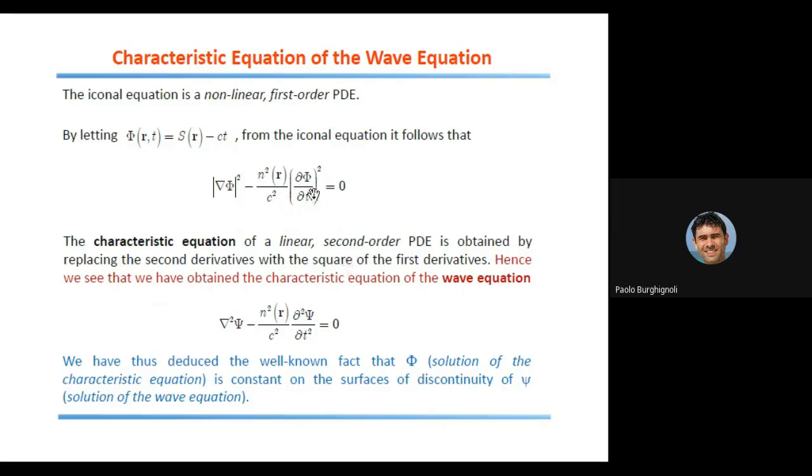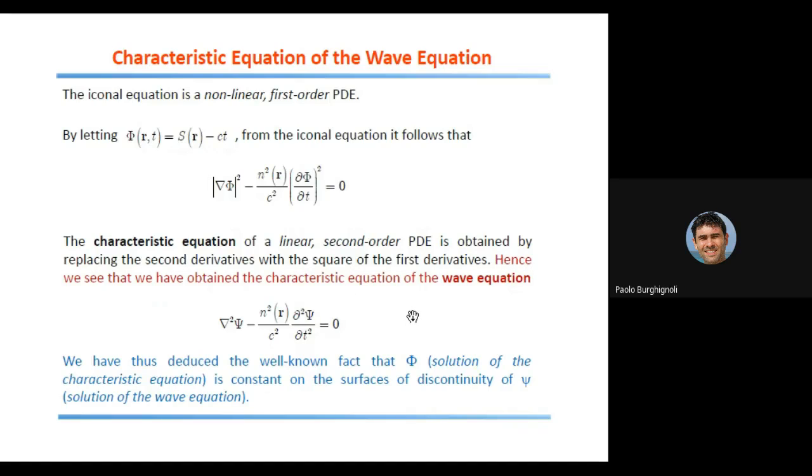And in this case, we have discovered in particular that our function Phi, capital Phi, satisfies the characteristic equation of the wave equation. Why is this important? Because in mathematics, you can show that any discontinuity in the solution of the wave equation in particular must occur exactly on the surfaces where the solutions of the characteristic equation related to the wave equation are constant.